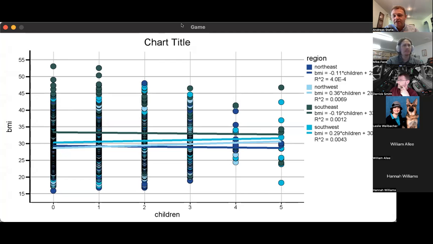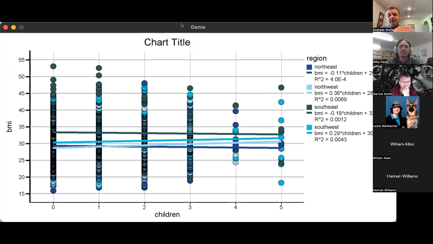This isn't actually a very good chart, but bear with me for now. I've got 4 separate things that I'm wanting to take care of. I want to look at the relationship between children and BMI, but only for the Northeast, only for the Northwest, only for the Southeast, and only for the Southwest.